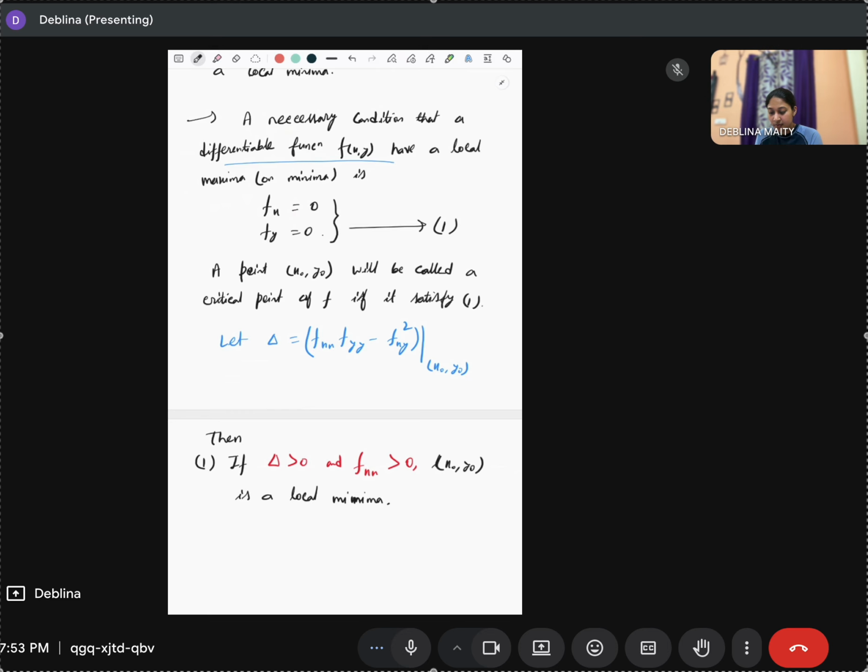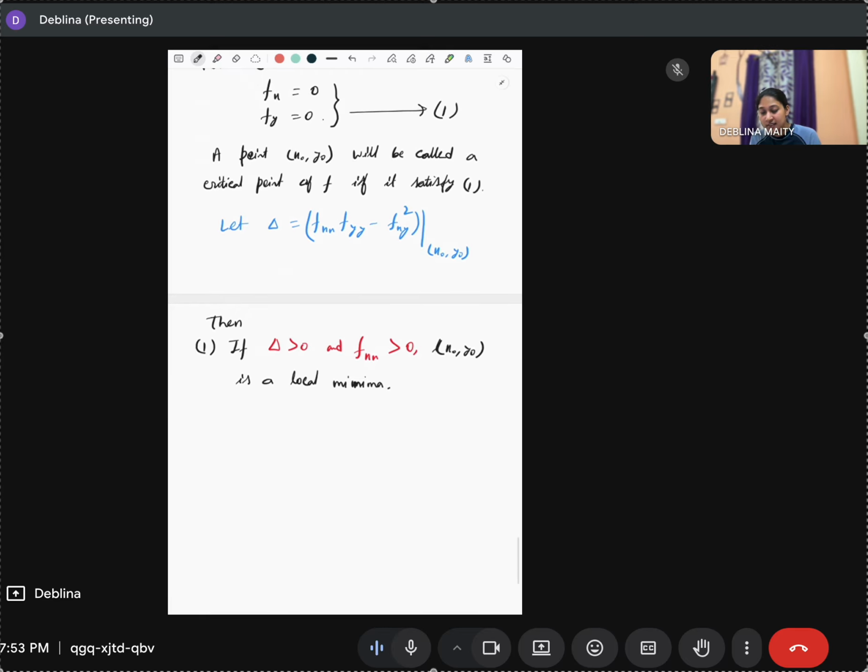So first we have to find this delta, and if delta is greater than 0 along with fxx greater than 0, then (x naught, y naught) will be a local minimum.